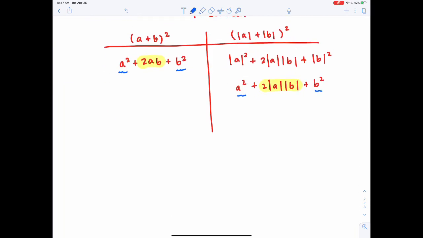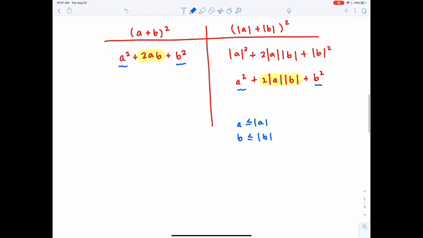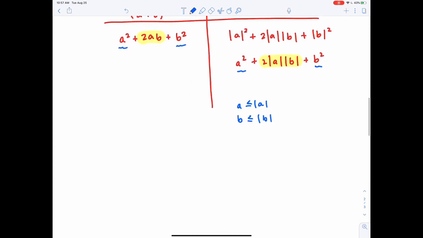We're going to use the fact that we know that a is less than or equal to the absolute value of a, and we also know that b is less than or equal to the absolute value of b, and so we can just make replacements. Overall, 2ab is going to have to be less than or equal to 2 absolute value a, absolute value b, and that's our proof. So here I'm going to actually write up a formal proof of 1.